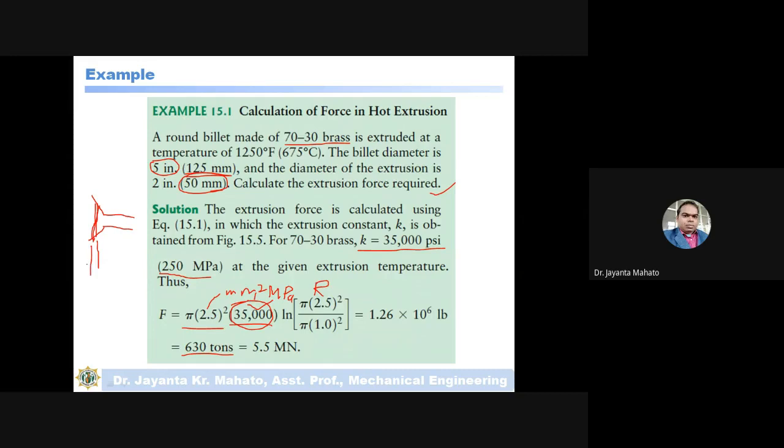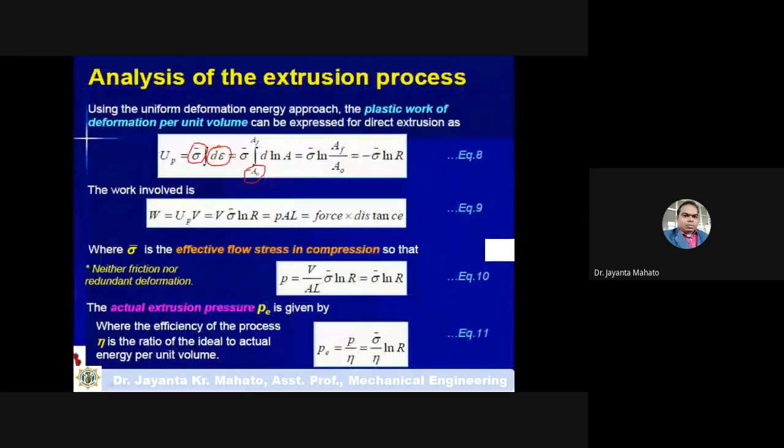This is actually del epsilon, a strain value, straining of delta epsilon. So the total area will be initial to final of d ln A. Multiply this by the stress value, and we will get the force, stress into area. This is the part of area.